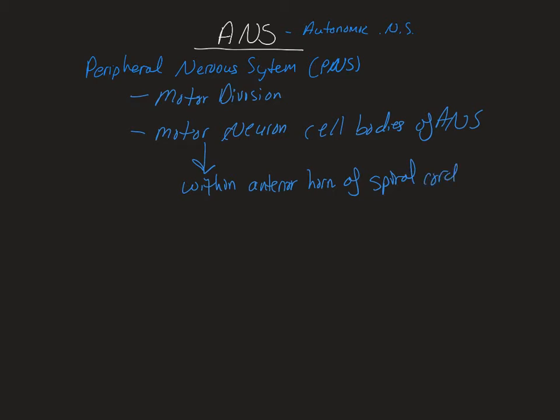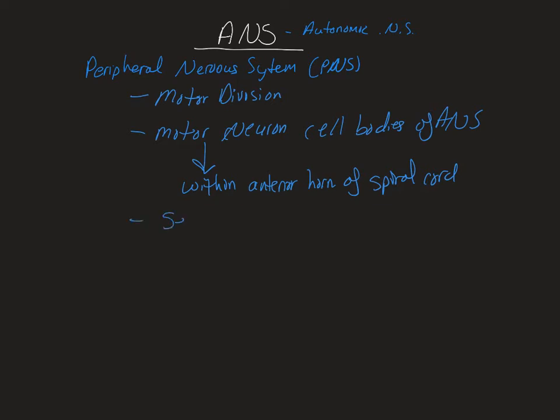Okay, so preganglionic neurons that are autonomic and motor, their cell bodies are going to be located in the anterior horn of the spinal cord, just like the somatic neurons' cell bodies, okay?